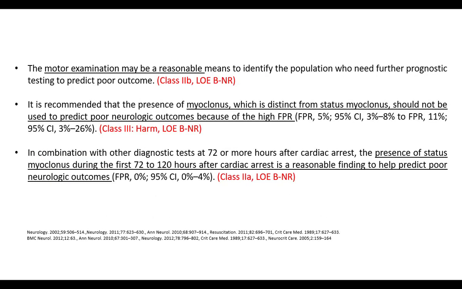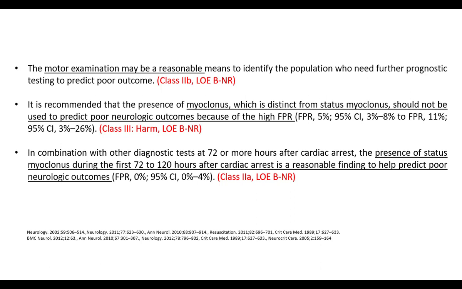Now, when you do a motor examination, that may be reasonable to identify the population who need further prognostication testing, meaning later on you can buy more time to tell the prognostic outcome. Now, what about myoclonus? Myoclonus is one of the most important things which we see, but again it carries a false positive rate of around 5%, which is distinct from status myoclonus.